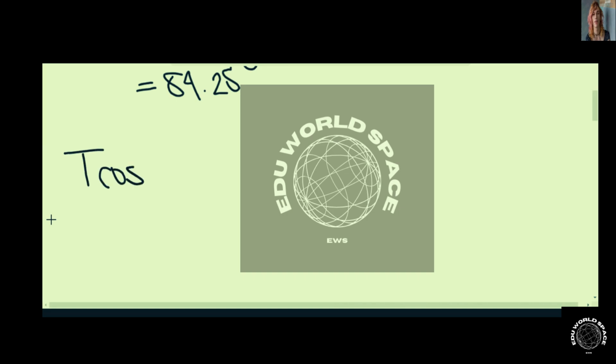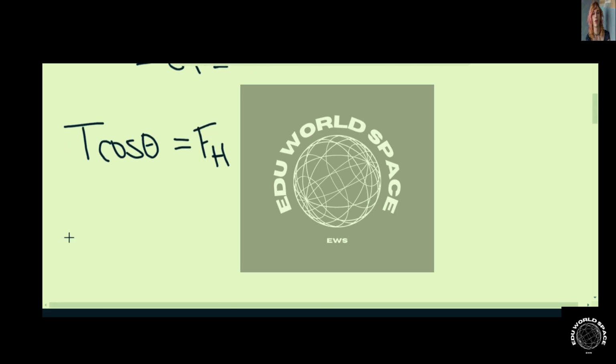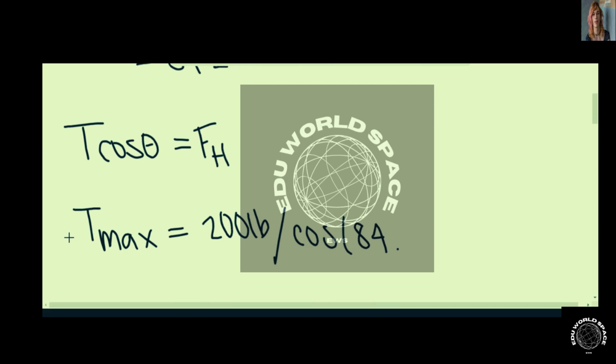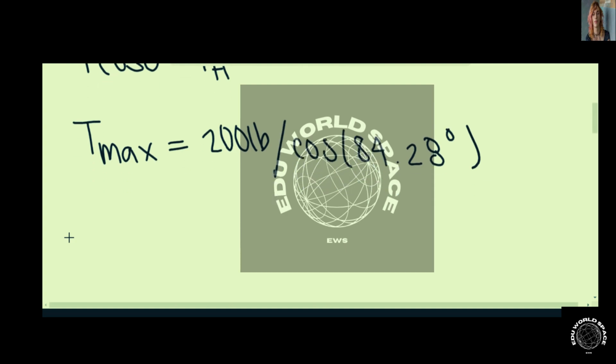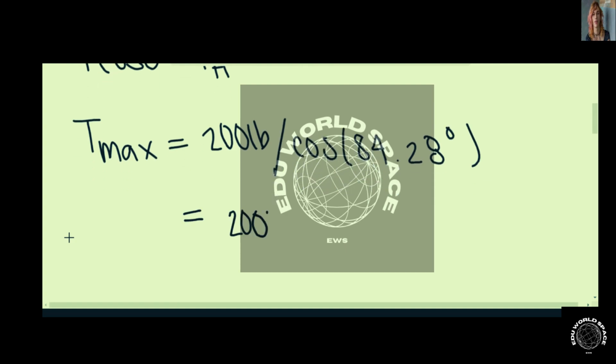T times cosine theta equals F sub h to solve for the maximum tension. So T max will equal 200 pounds divided by cosine of the angle 84.28 degrees, which will give us a maximum tension of 2,006.68 pounds.